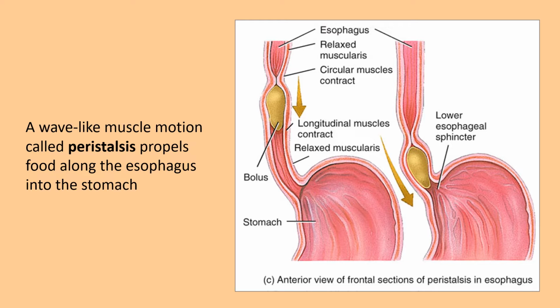I think about that shortening as putting on a dress sock or maybe a pair of pantyhose. When you scrunch it up before you put your foot in, that's what's happening in your esophagus, scrunching it up ahead of the bolus or ahead of your foot. And so peristalsis is a wave-like muscular action that propels food material along the GI tract.